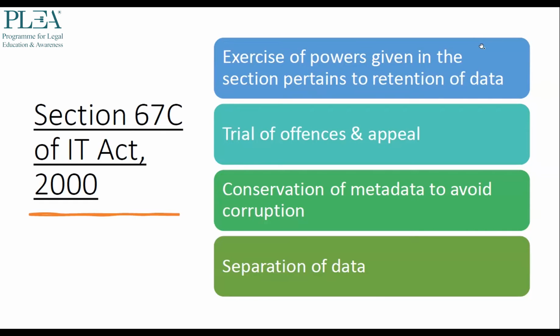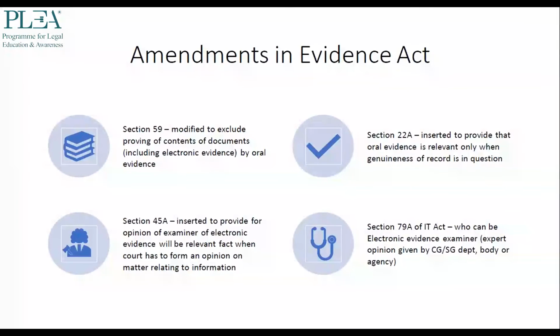So understanding these sections of the IT Act is very important to understand 65B, as to how electronic evidence becomes permissible in the court as far as admissibility is concerned. Section 59 in the Evidence Act was modified to exclude proving of contents of documents. So basically, any electronic evidence that was being produced in the court was to be justified by oral evidence.